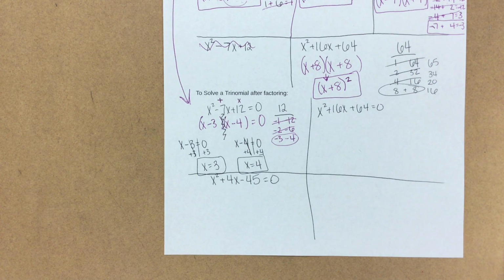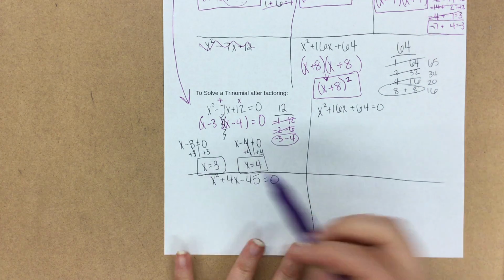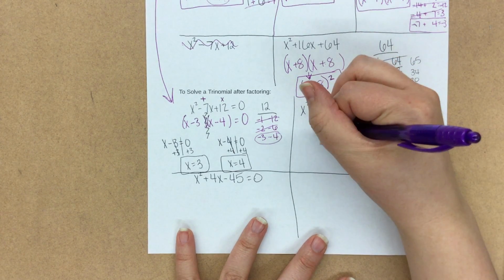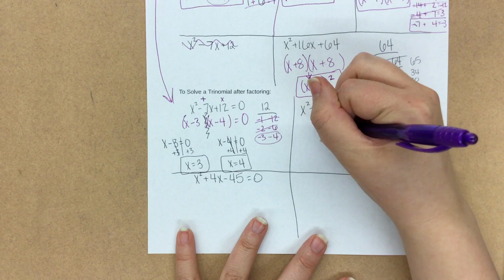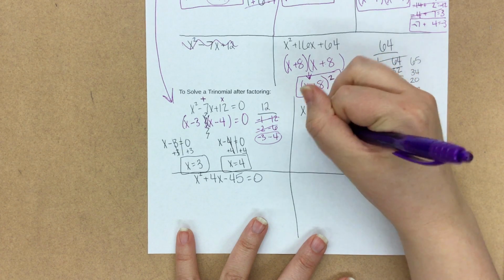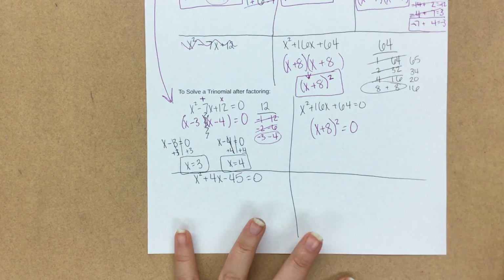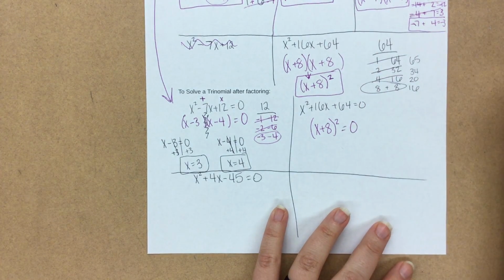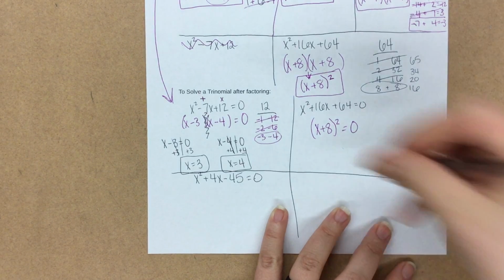Let's try another one. Sometimes it's not always 2, remember? So we already factored this one up here, so let's just copy that down. If I have x plus 8 all squared equals 0, remember what cancels out a square? A square root.